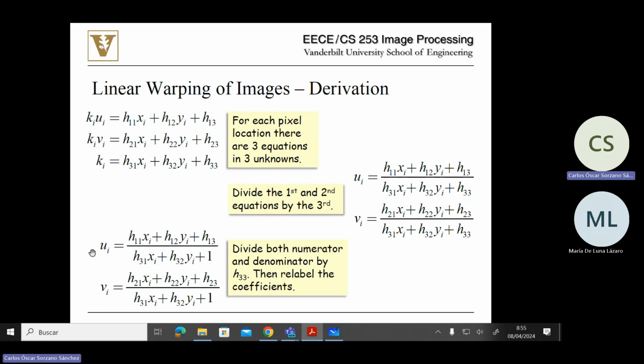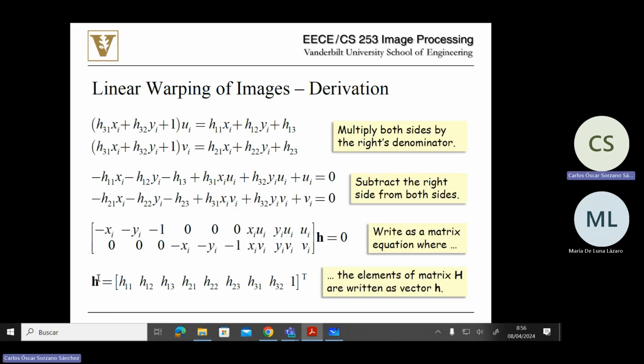Okay, and now you recognize these are the coordinates in the image i. So the 2D coordinates, not the homogeneous coordinates. This is homogeneous. u and v, they are not homogeneous. They are the two coordinates. Now you have transformed x and y coordinates, the j image, to u and v coordinates, the i image.